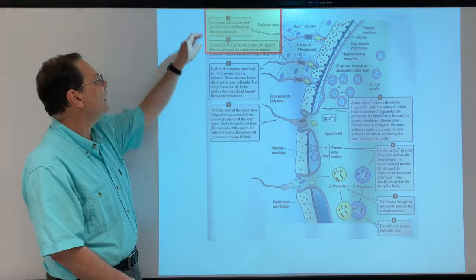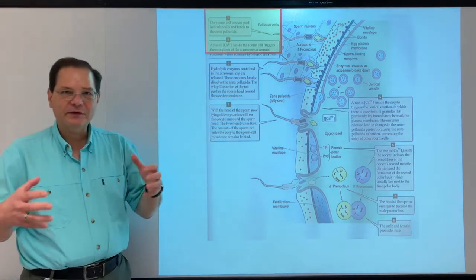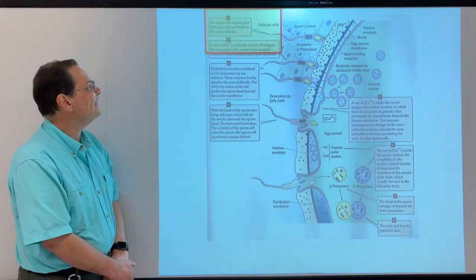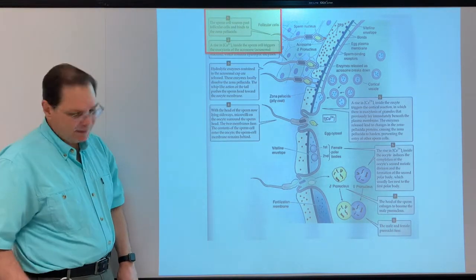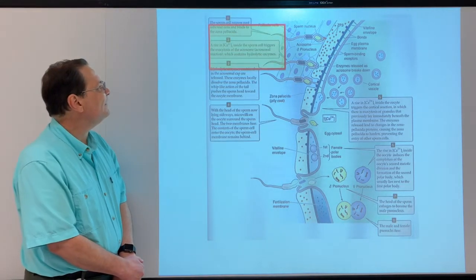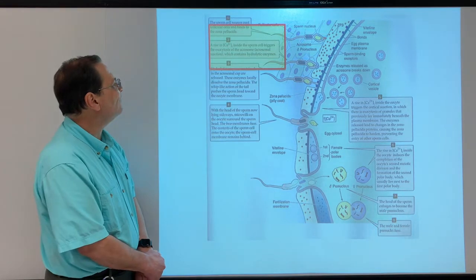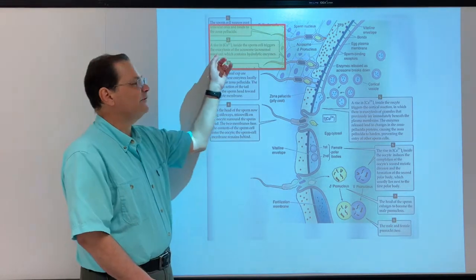We have our sperm cell weaving through the residual follicular cells surrounding that oocyte from the corona radiata, and as we approach the oocyte, a rise in calcium inside the sperm triggers the acrosomal reaction.